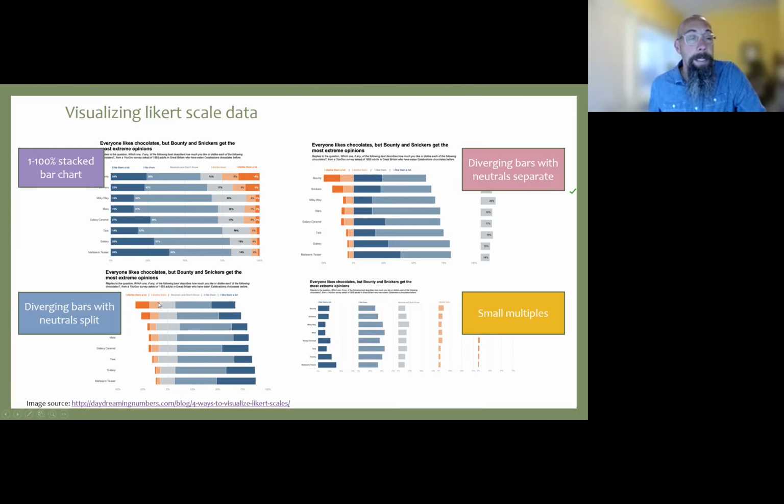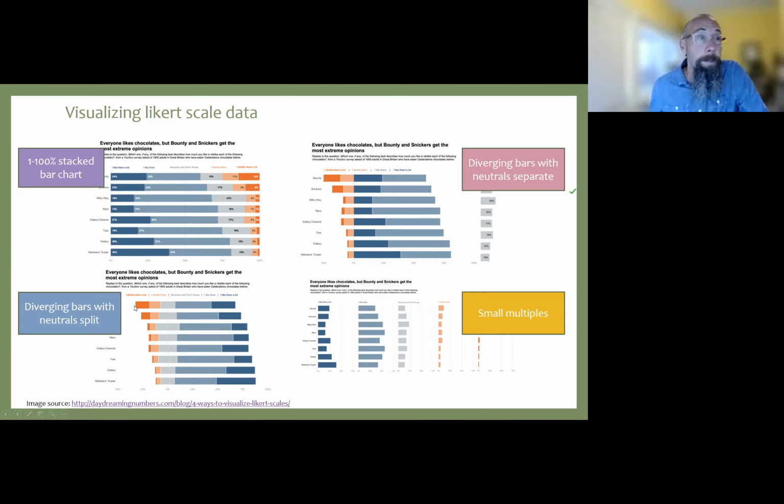And that way we can see to one side how many people had positive feelings, and on the other side, how many people had negative. Like clearly we've got a lot of strong negatives for the Bounty. That's very apparent here. We've also got more neutrality about, let's see, which one is this here? This is Milky Way? Milky Way, yeah, a lot of neutral feelings about Milky Way. I have some pretty neutral feelings about Milky Way.